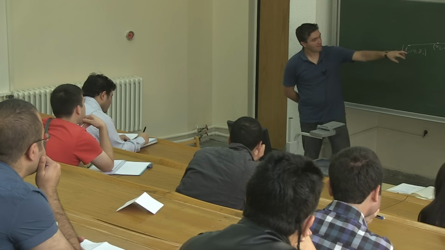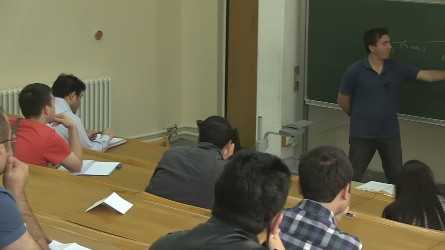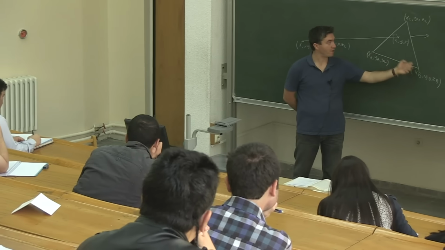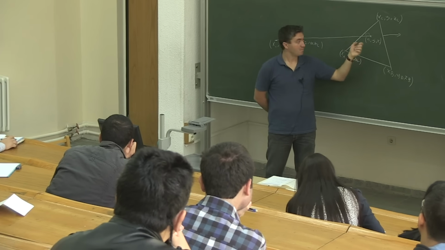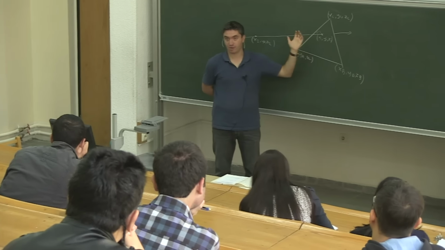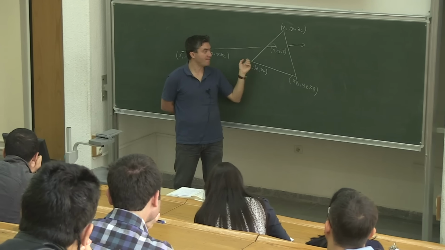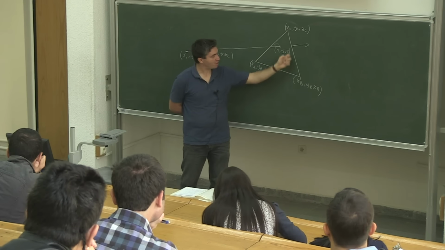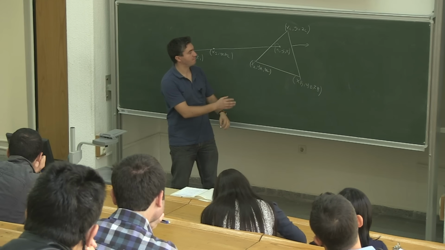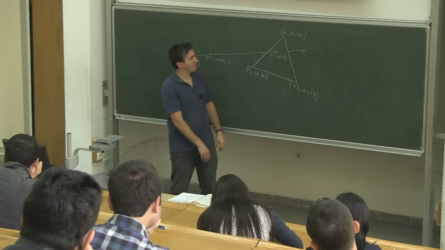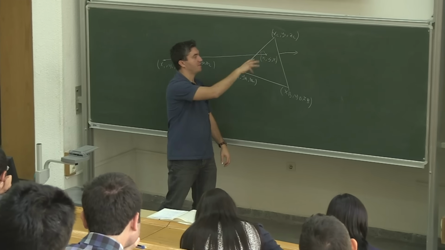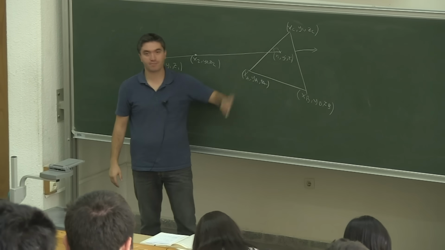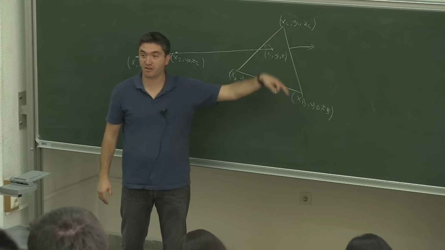Knowing these 3 points, since they define a triangle, they also define a plane. This triangle is on a plane. If we assume a certain front direction for the plane, we can uniquely write the plane equation given these 3 points.